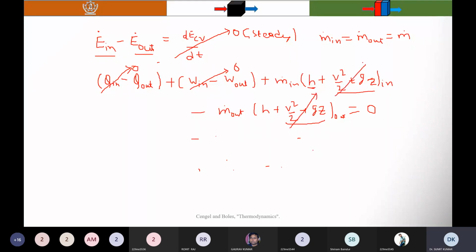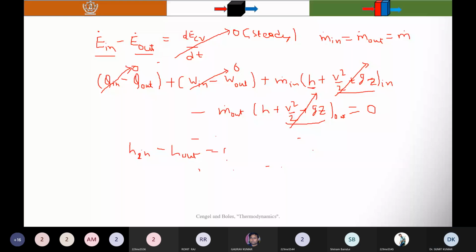Then what you will find is h in minus h out equals 0.